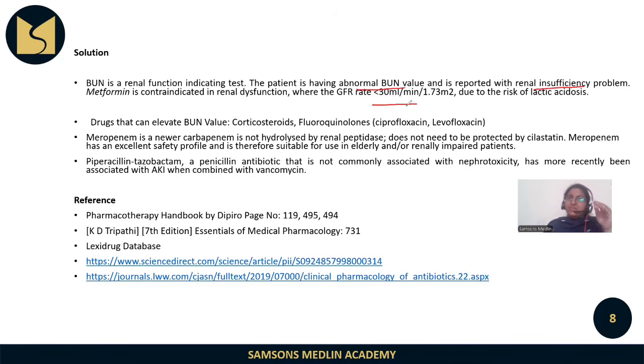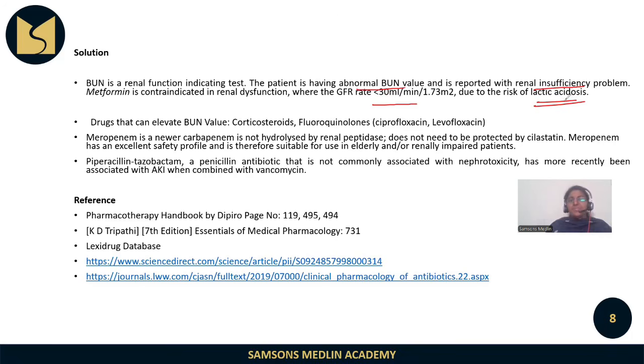So GFR rate is usually calculated to assess the renal status of the patient. That is also one more test apart from the blood urea nitrogen. So metformin, you know that it is an anti-diabetic agent. Okay, metformin is usually contraindicated in renal failure or renal dysfunction, especially when the GFR rate is less than 30 ml per minute. Okay, and why is it contraindicated? Because there is a risk of lactic acidosis. That is why it is contraindicated.